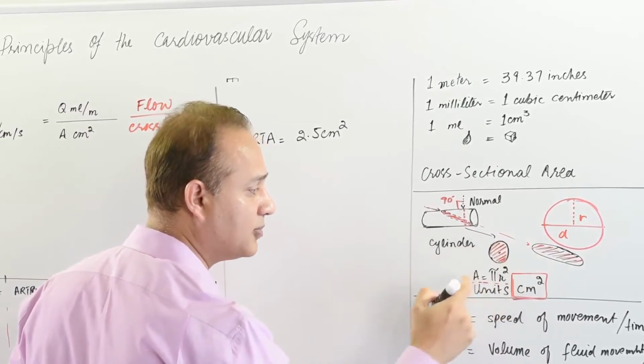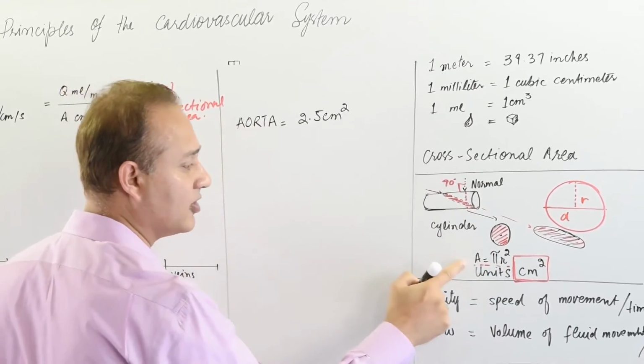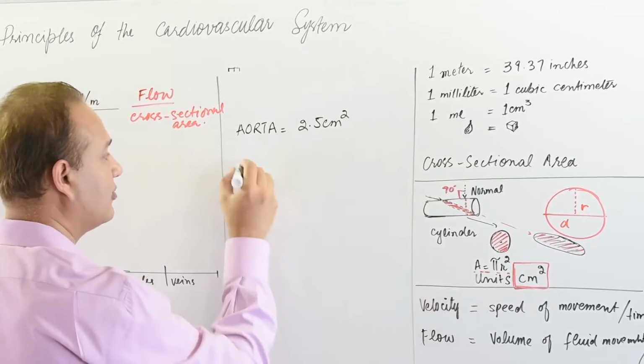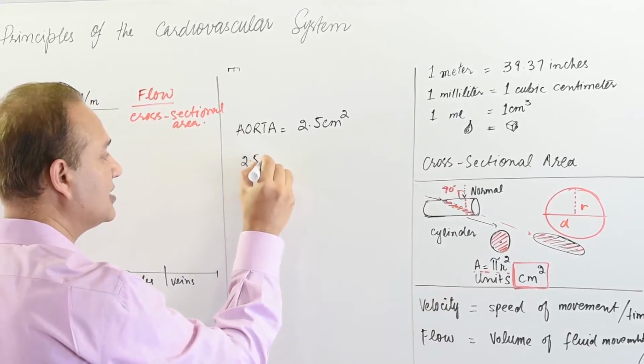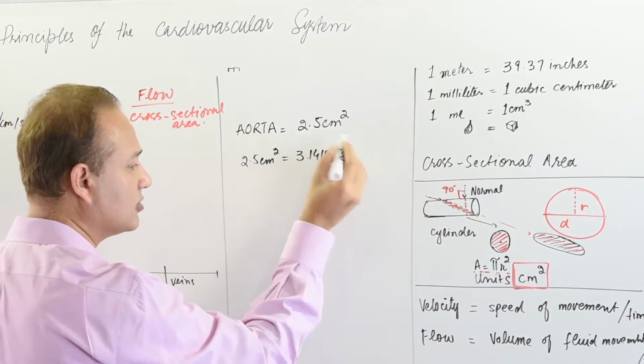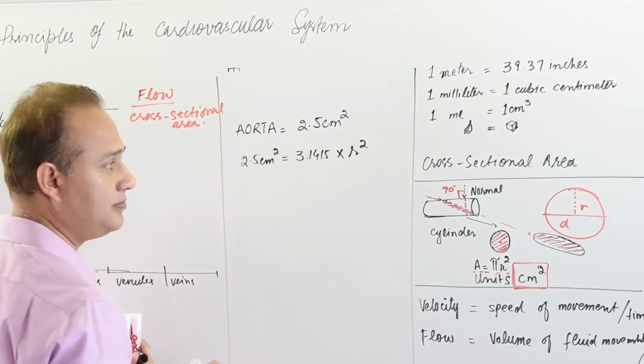You can actually look up the radius by plugging the value 2.5 into this. So you'll take 2.5 and put that for A. So 2.5 centimeters square equals 3.1415 something multiplied by radius square, right?